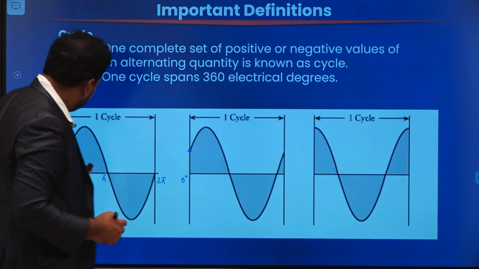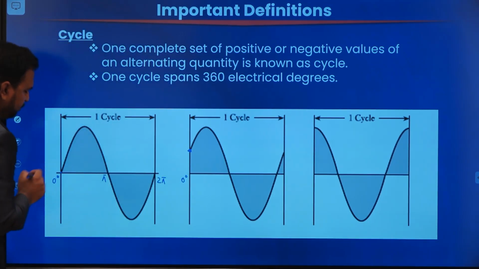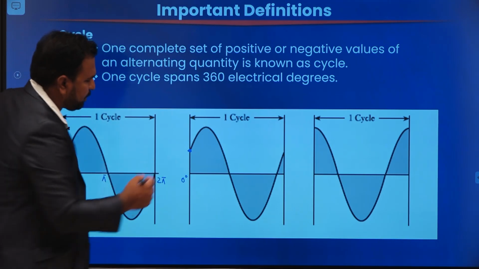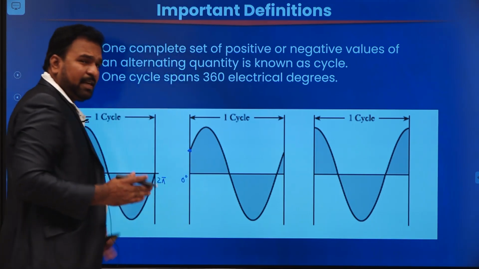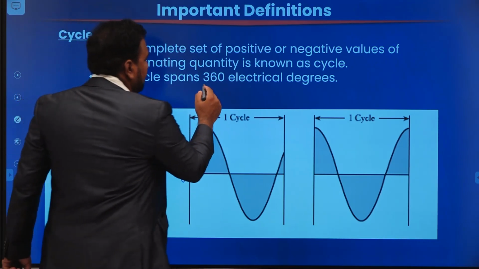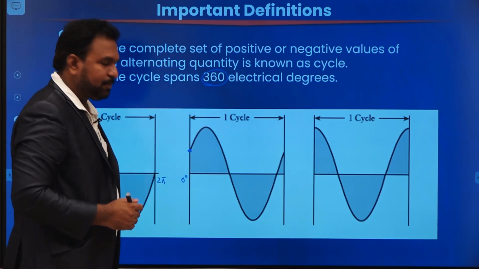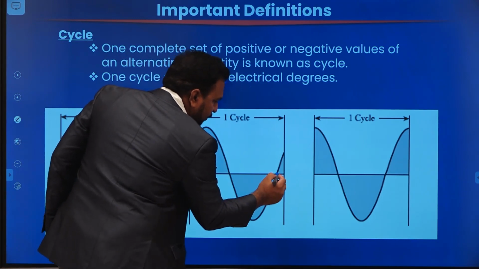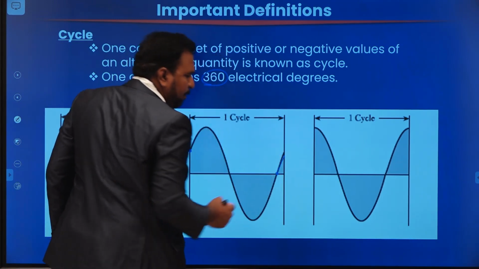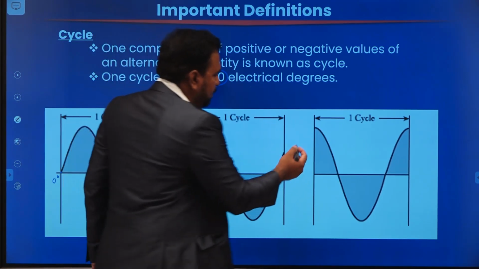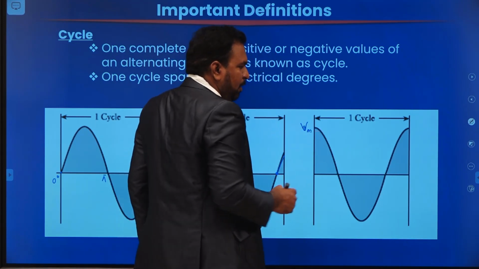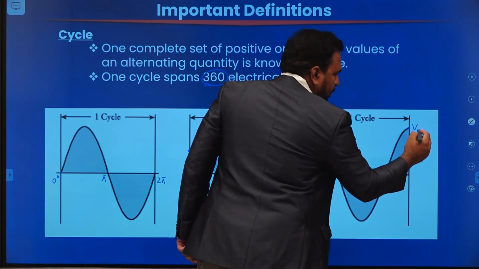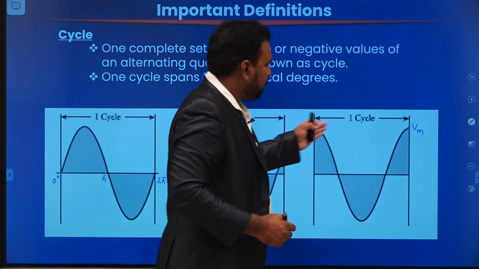Previously the magnitude started from 0, but here the magnitude starts at some value. Since a cycle has to span 360 degrees, we have considered the remaining magnitude also. Similarly here the magnitude starts at Vm, the maximum value, so it stops at the maximum value, from one maximum to another maximum.